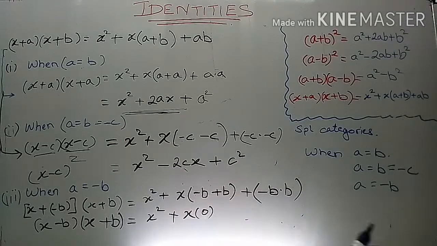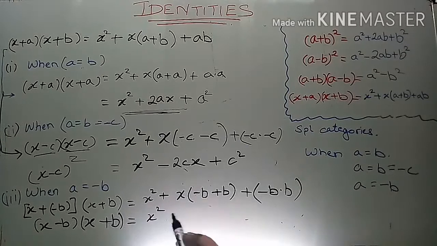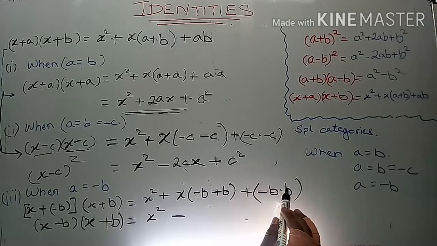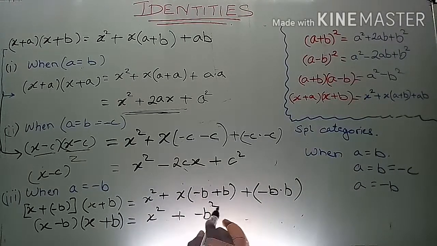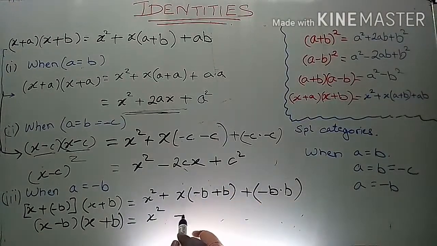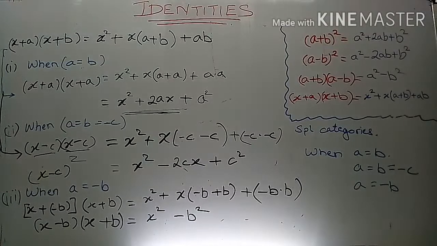Any number multiplied by 0 gives me 0, so writing a 0 or not writing a 0 doesn't matter. This minus b into plus b gives you minus b square. This minus reacts with the plus outside and it becomes x square minus b square. So this third category becomes my third special identity.